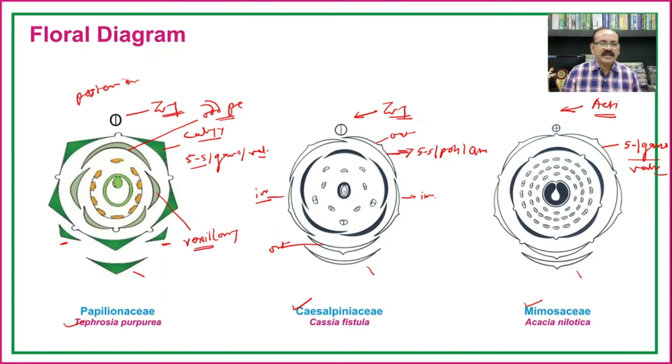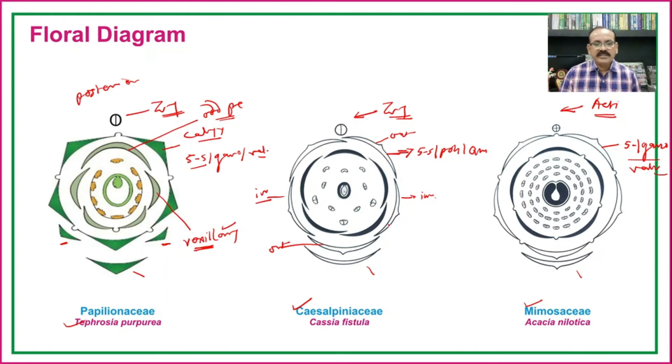This type of estivation is a characteristic feature of the Papilionaceae, so we have to remember that the arrangement of the petal is such that one petal is outer, known as the standard, then there are 2 petals known as the wings, and inside that again there are 2 petals which are fused and known as the keel. Such an arrangement of the petal is known as vexillary estivation.